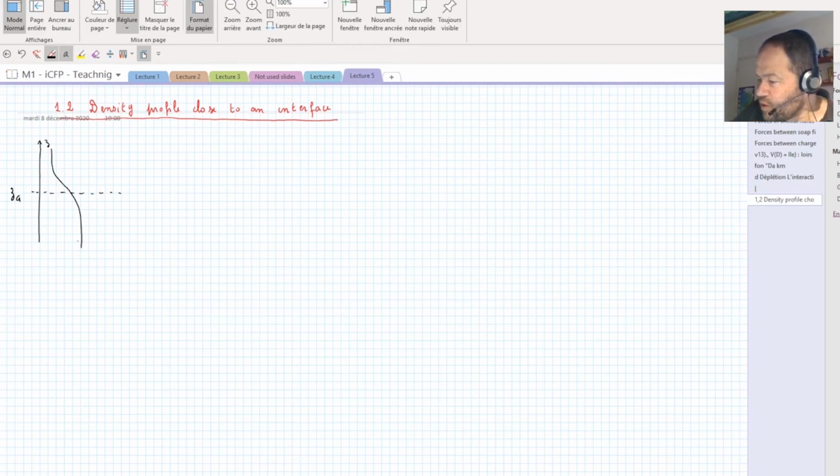Far from the surface here, the density is small. It should be the density of the vapor. And here, far from the surface, the density is large, and it's the density of the liquid. And here there is a zone which is the thickness of the interface, that we neglected up to now.